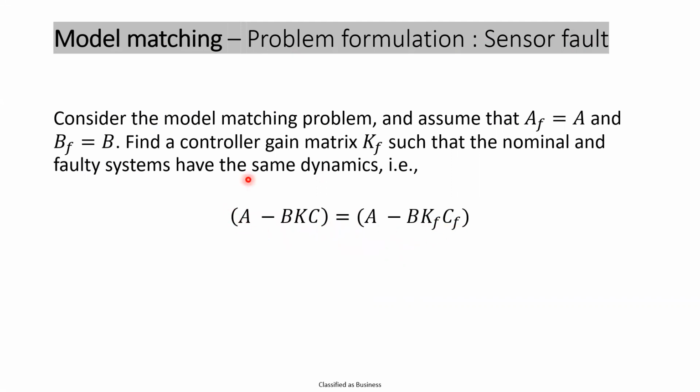We know that having this matrix in the left side equal to the matrix in the right side doesn't mean KC should be equal to KFCF, but we know that if KC is equal to KFCF, then this equation will also hold. So that's the idea here.